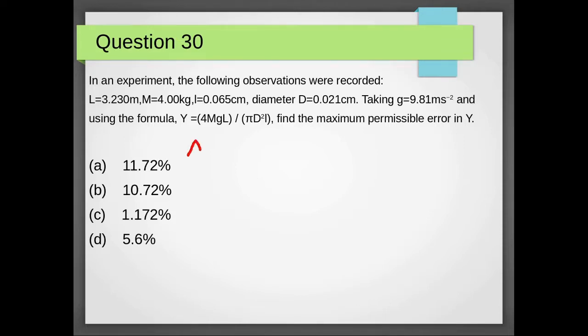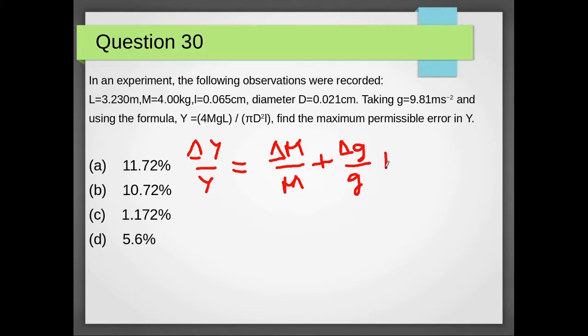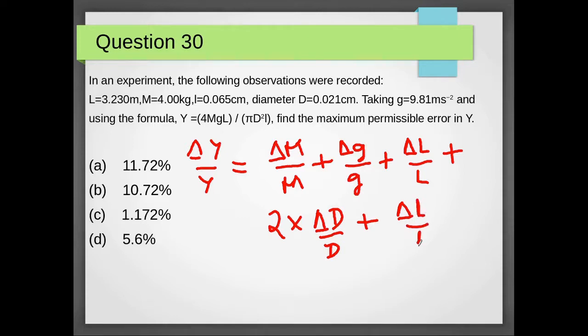The relative error for Y will be delta Y by Y, which is equal to delta M by M plus delta G by G plus delta capital L by L plus, coming to the denominator, I ignore pi, 2 into delta D by D, because D square, the power is multiplied with the relative error, and finally delta small l by small l.